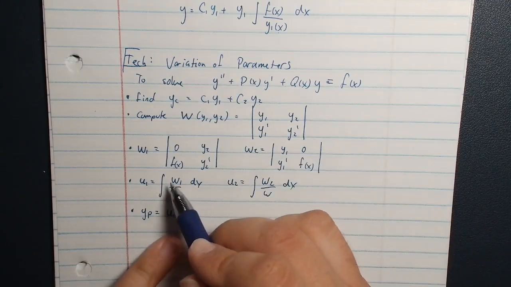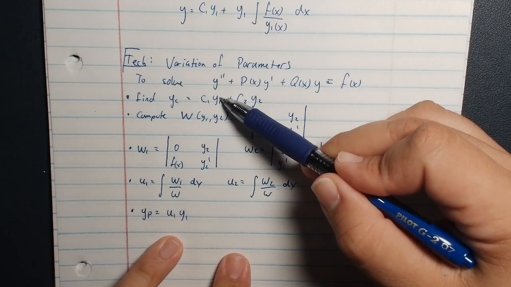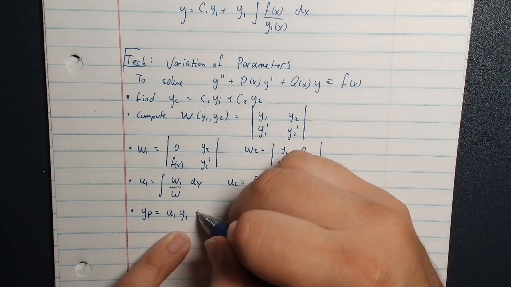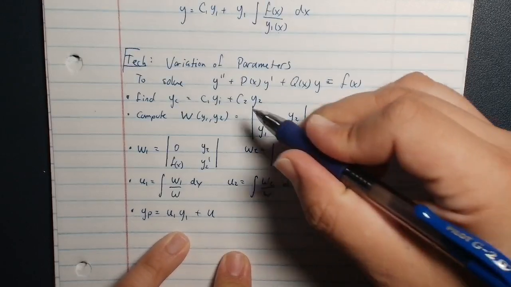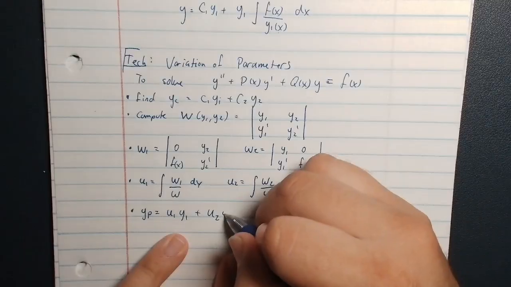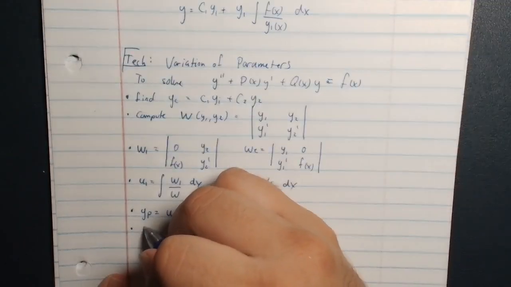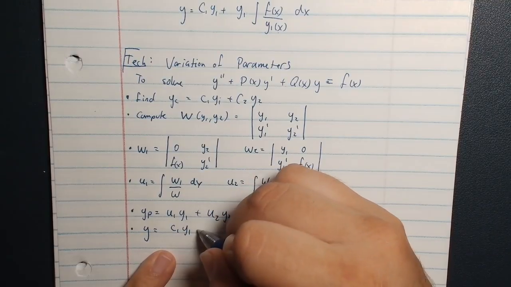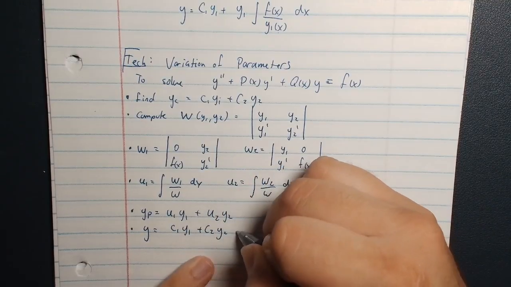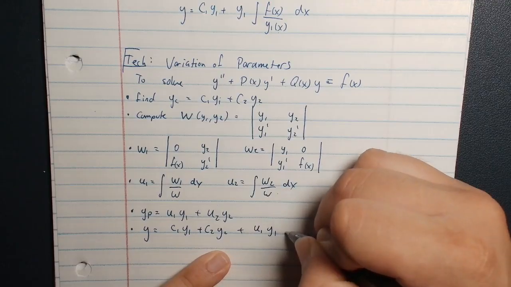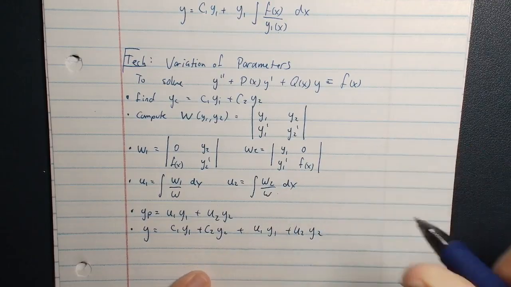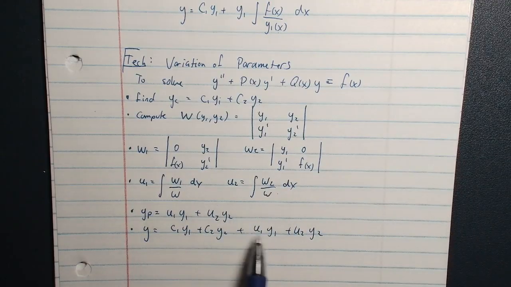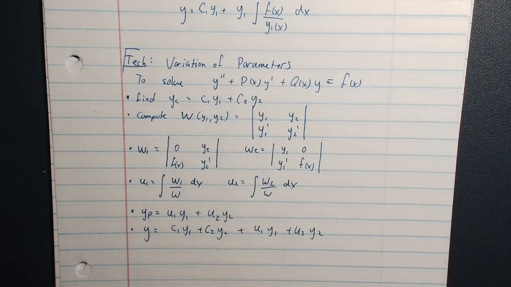So whatever you get here is going to get multiplied times the original y1 from the complementary solution, plus this u2 you get from here times this y2. And so finally, your general solution is going to be c1y1 plus c2y2 plus u1y1 plus u2y2, where the u1 and the u2 are these, and this y1 and this y2 are the same as they were in the fundamental solution set.